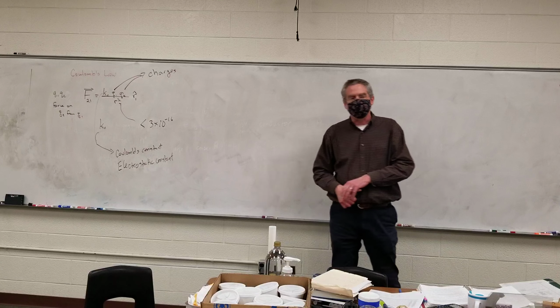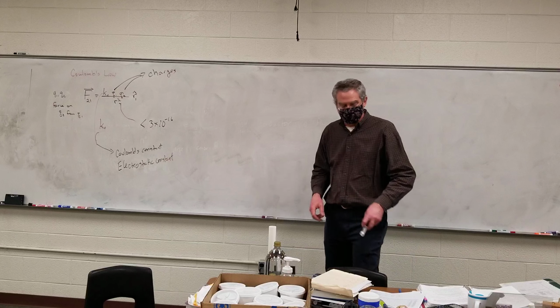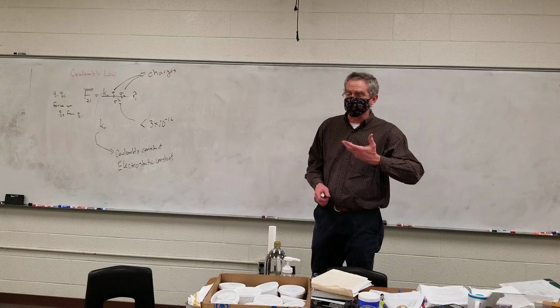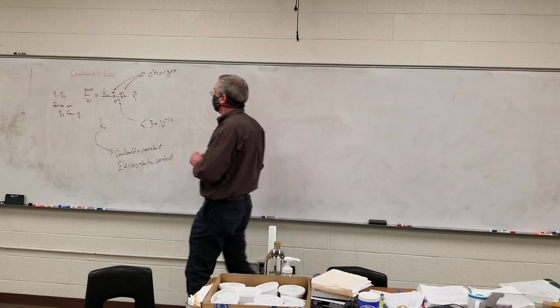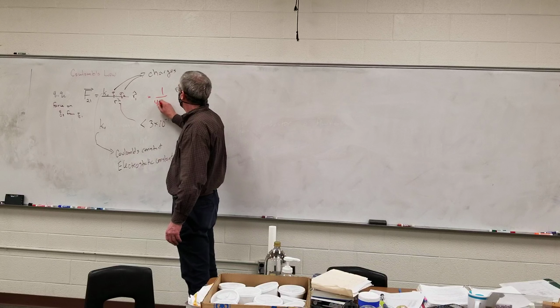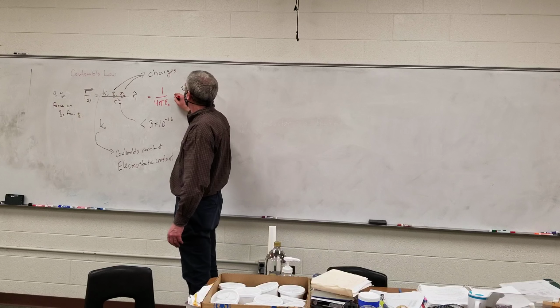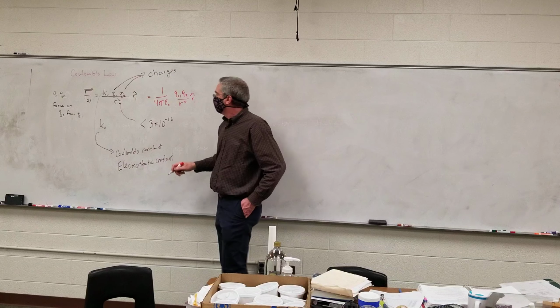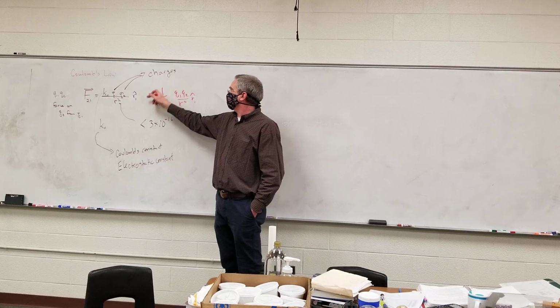Now there is another form of this that actually is very convenient later on. Right now I just like using K, but there is another form which some students prefer. Instead of writing K, they write this right here.